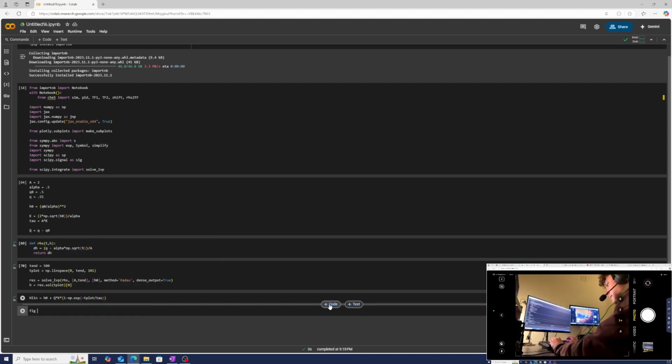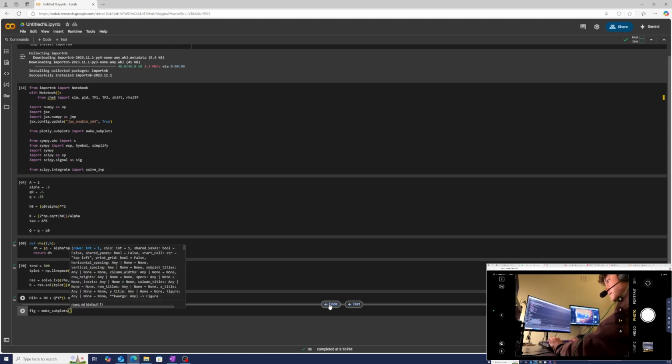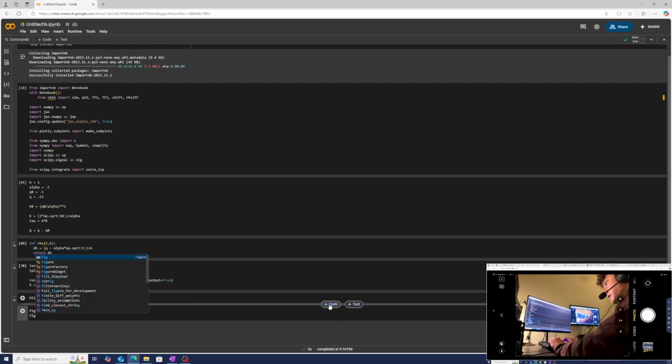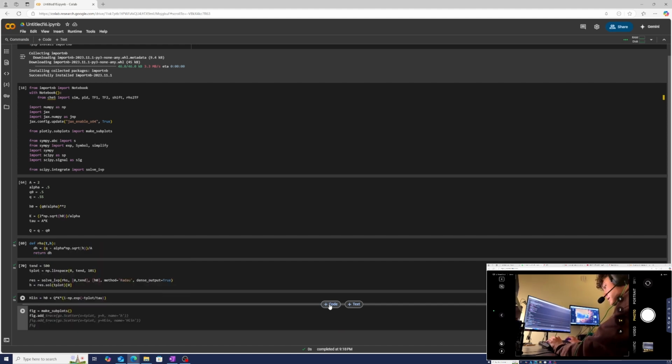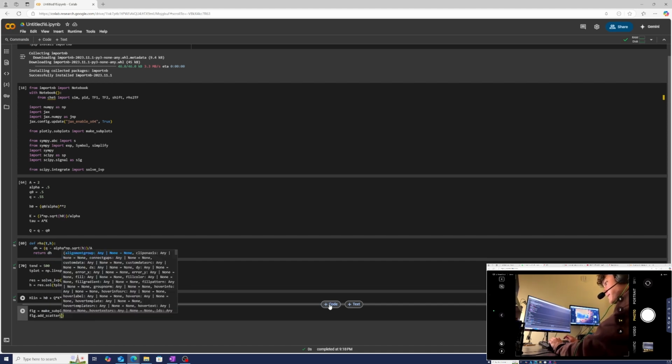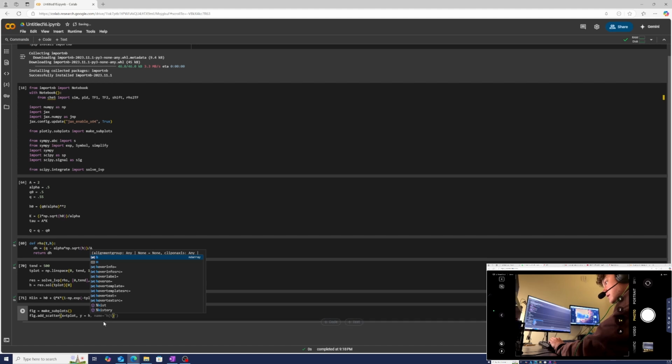So our figure is equal to make subplots, and then fig dot add scatter. We want our x to be our t-plot, our y to be our h's, and our name for this is our exact solution.